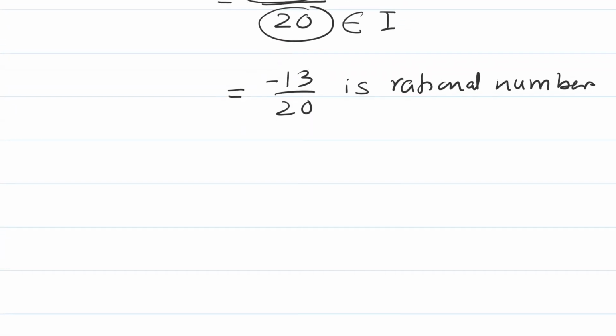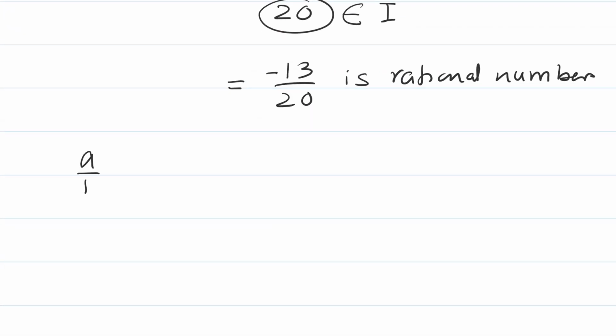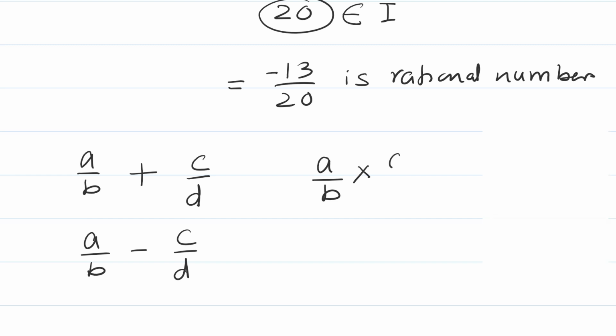So the first property is, if A upon B and C upon D are two rational numbers, then their sum is rational. Second property, their difference is rational. Similarly, we can show that their product is also rational.